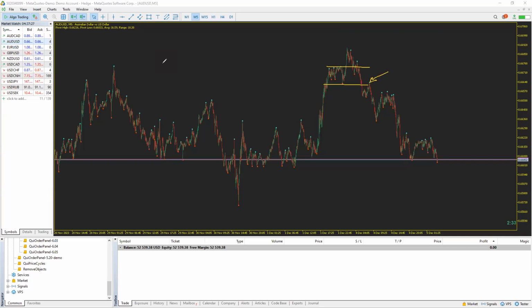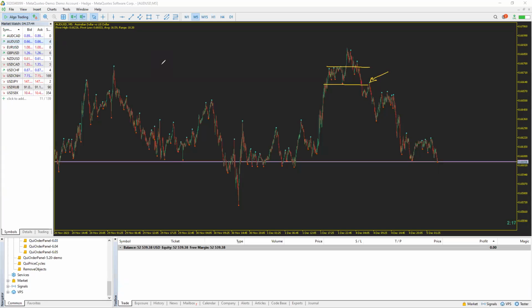We could bounce at the top, but we could break out, and it would be dangerous to be selling when you're that close to the breakout. So my bias would probably be buys, and I was defining a KPI as a place where being in buys would be a bad idea.